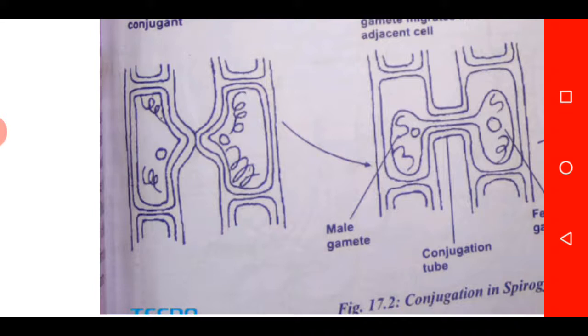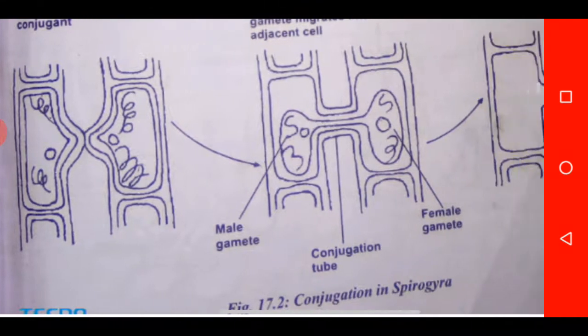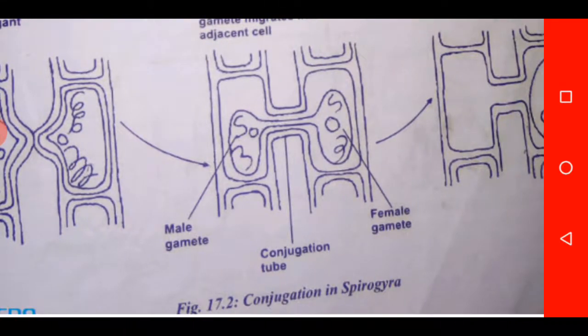Later, the separating wall will dissolve, and it will form a channel or pathway that will link both of them together. That channel is referred to as the conjugation tube. Now you can see the conjugation tube, and after this, the male gamete from the male conjugate will move to the female gamete inside the female conjugate.